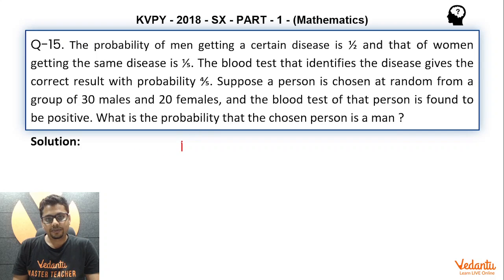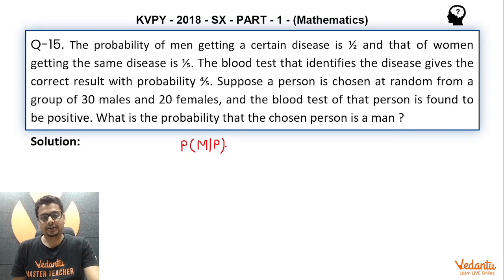So what we want is the probability that the person chosen is a man given that that person tests positive in the test. To avoid confusion, let's take the event of the test coming positive to be T, because P we are using for probability.